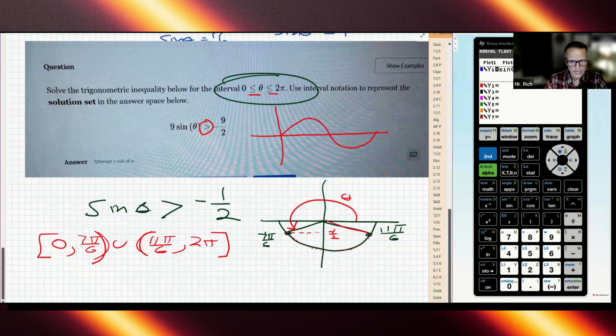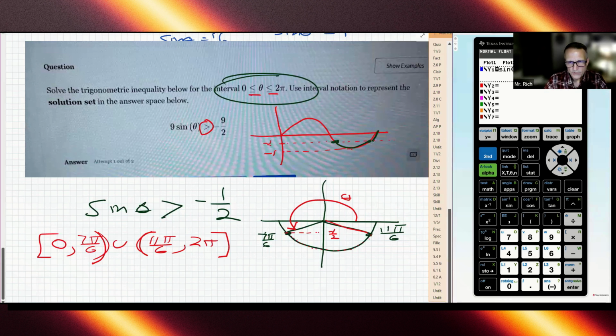If this right here, Avery, is negative 1, then here's negative 1/2. The sine function does not go below negative 1/2 until it's well over here into the third quadrant, and then at some point it rises above negative 1/2, right here.